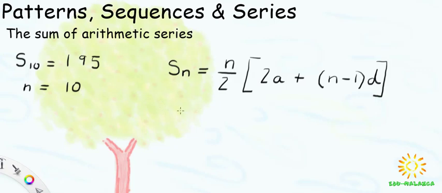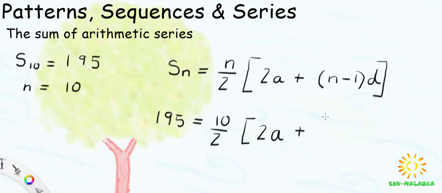Let's get started. Sn is going to equal 195, which should equal, our n is equal to 10, so I'm going to have 10 over 2, open brackets, 2a, we still don't know what a is, plus, we know what n is though, it's equal to 10, so we have 10 minus 1 times d.